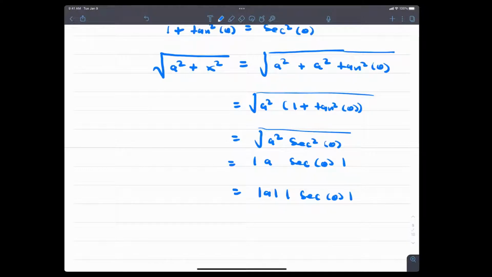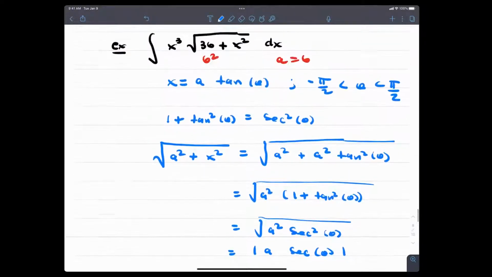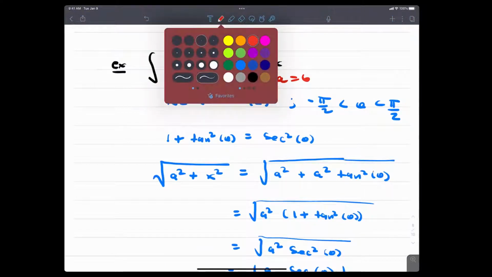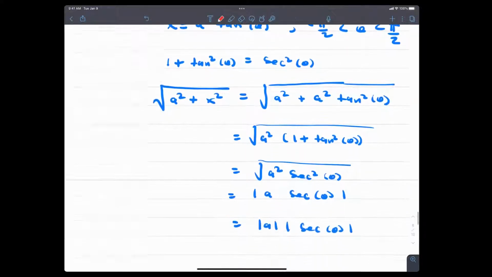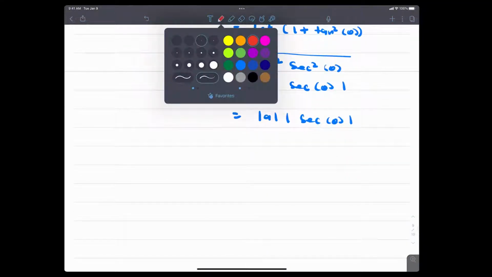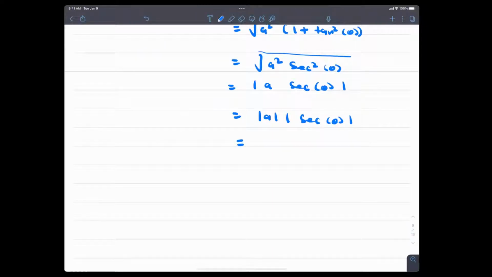I didn't mention this to you guys, but a is always positive, by the way. Okay? So that's why you say 6 squared. You don't say like negative 6 squared. You guys know what I mean? a is positive. So you say, why is that a big deal? Because if I want to get rid of the absolute value sign, the only way I could do that is if a is positive. Now again, secant's going to be positive because it's a reciprocal of cosine.